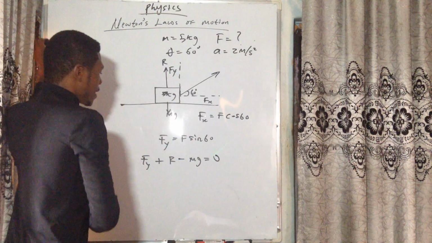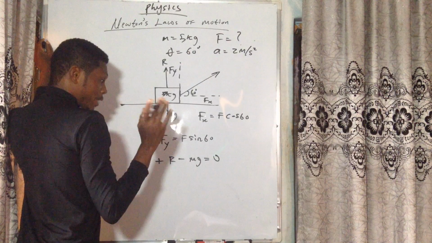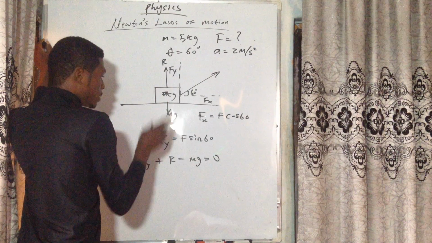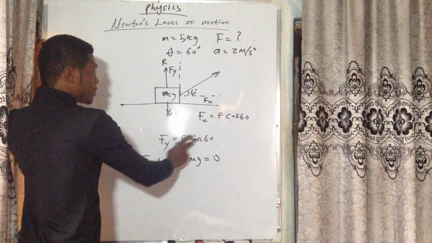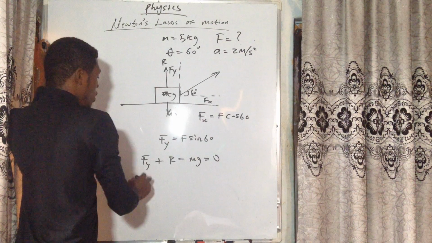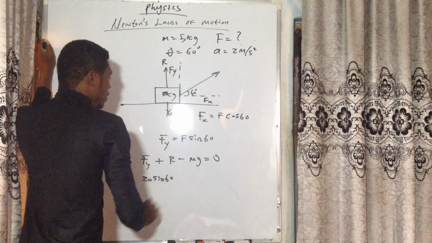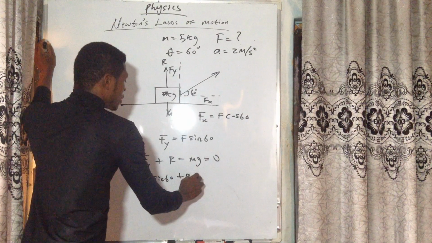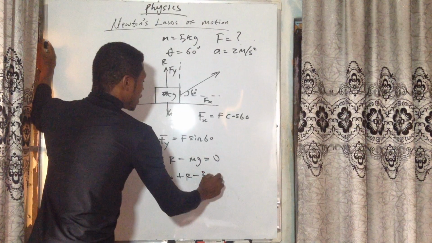We are determining the reaction. So Fy is F sine theta, where F is 20. So we have 20 sine 60, plus R, minus mg, which is 5 times 10.